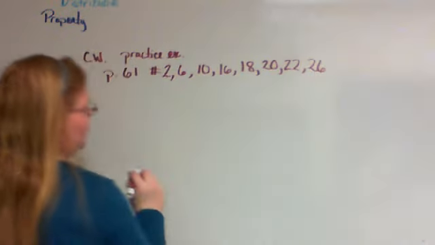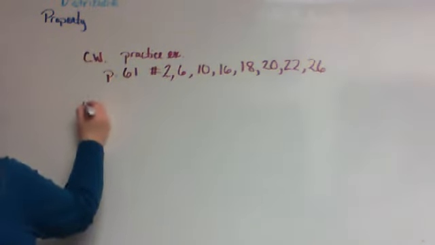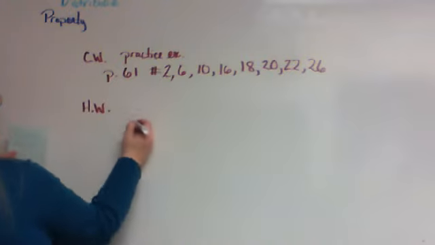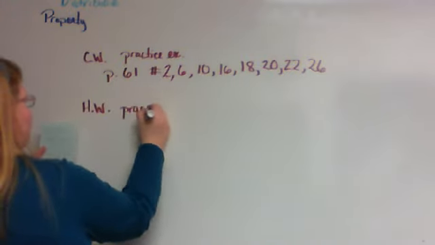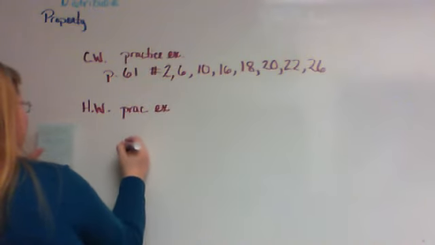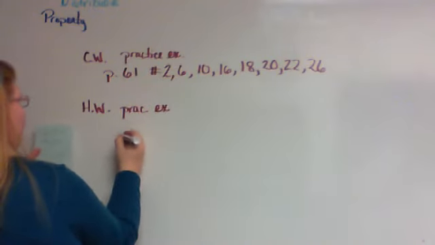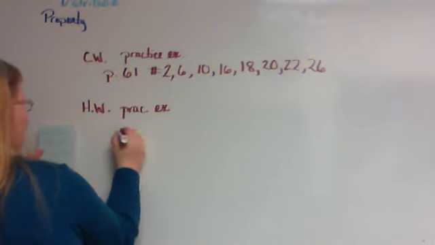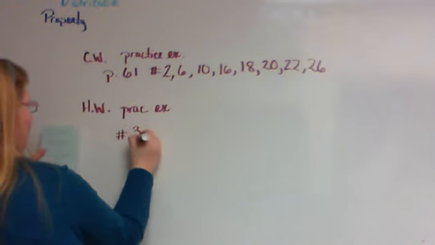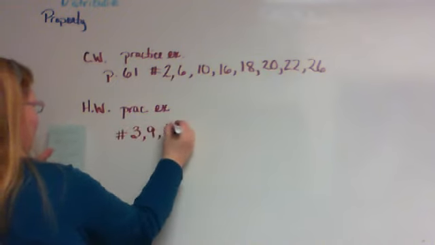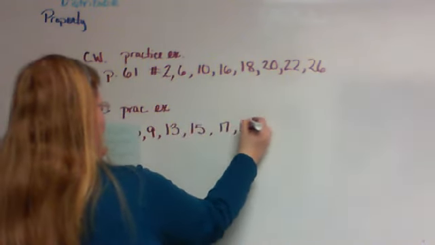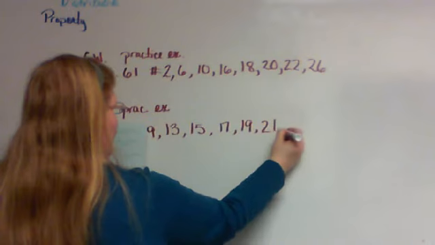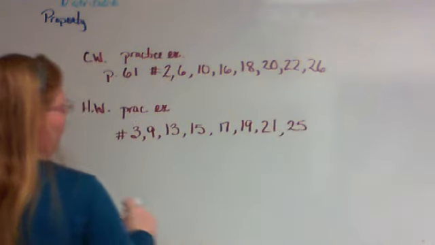Make sure you pay attention to the directions as we said. And then your homework, when you're done with that and you've got it all checked, same practice exercises, numbers 3, 9, 13, 15, 17, 19, 21, and 25.